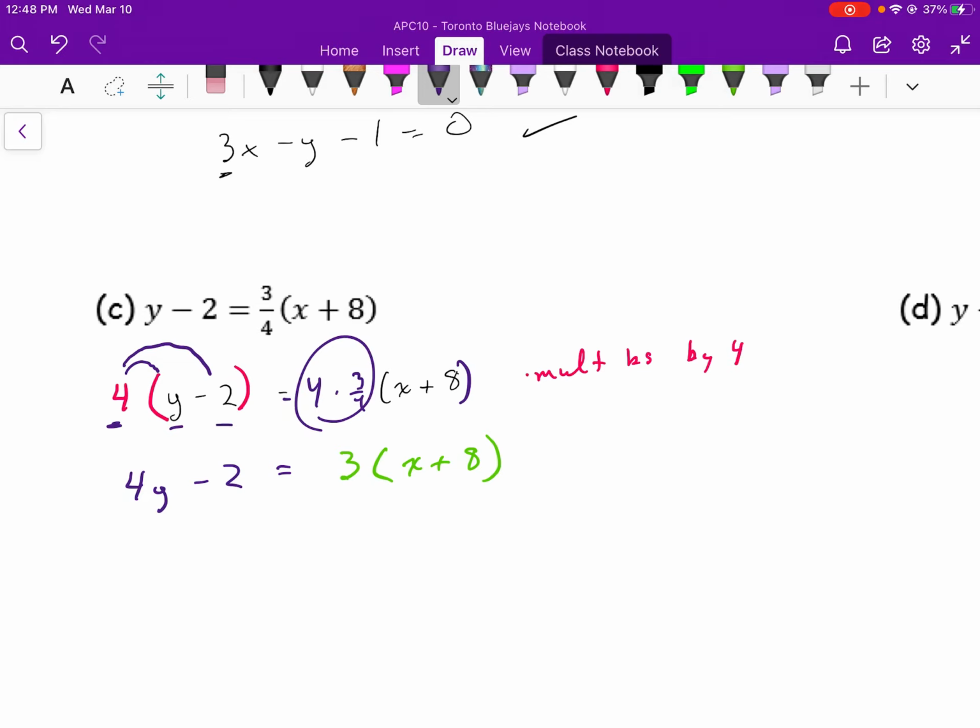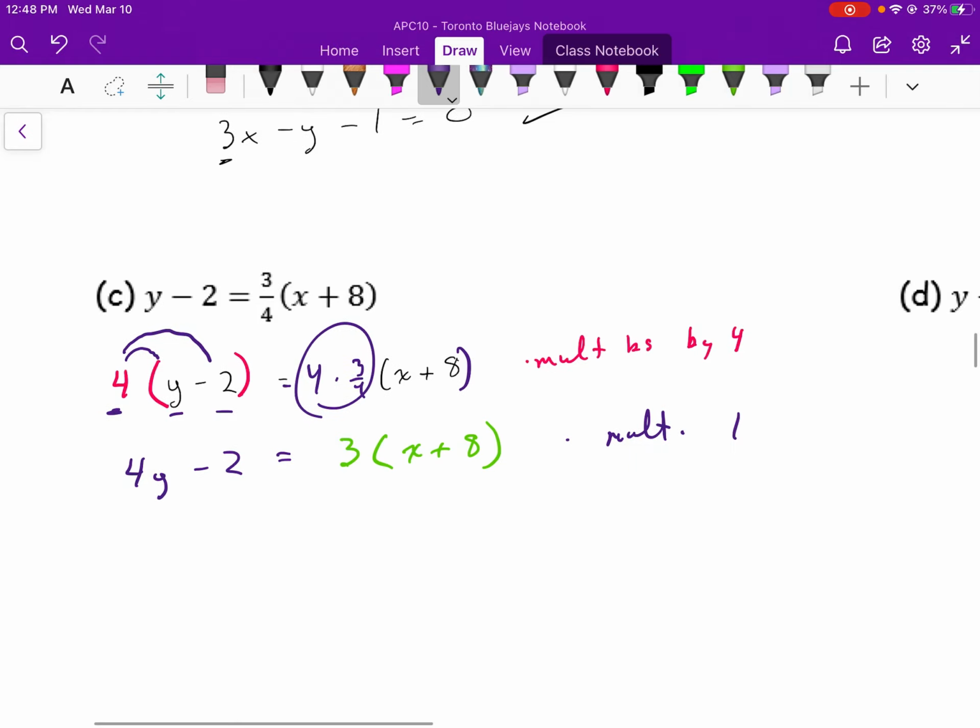Anyways, there's my step. So I'm going to say multiply 4 times 3 over 4. And that is going to be 3. There we are. So next step I'm going to do is distribute my multiplication.